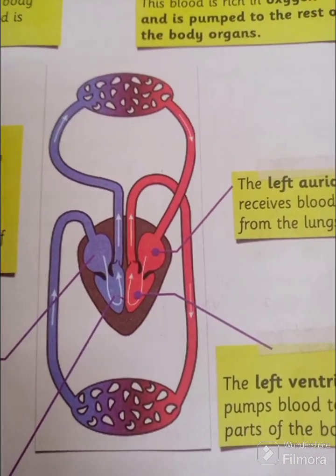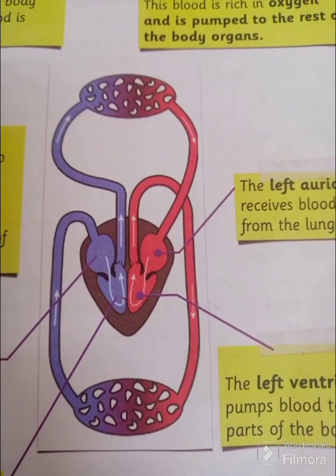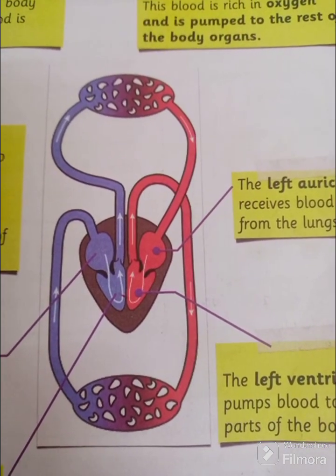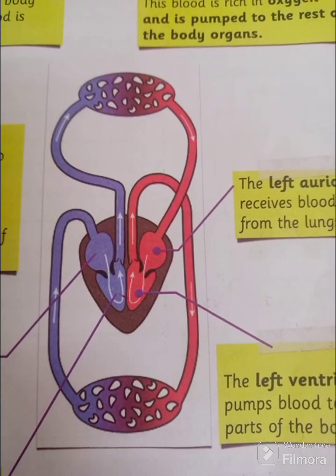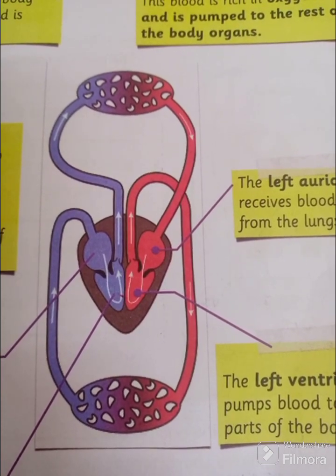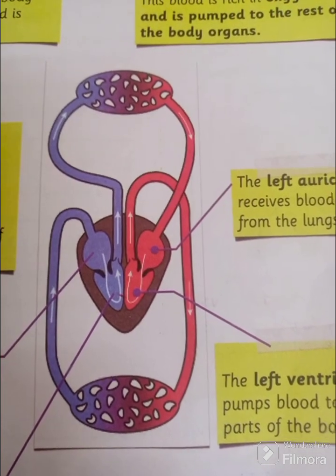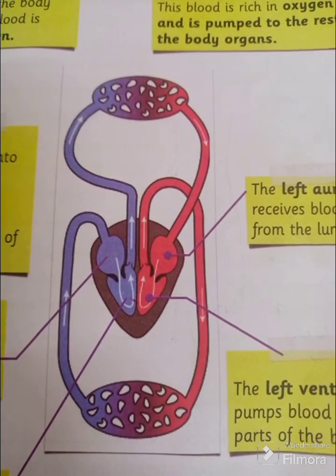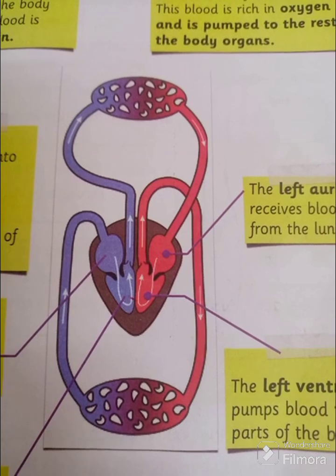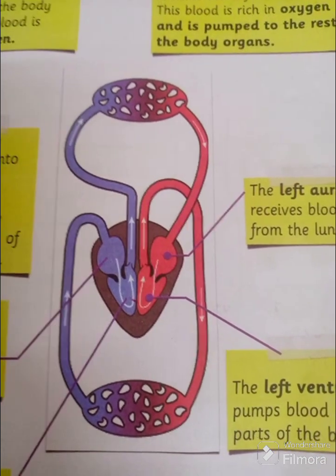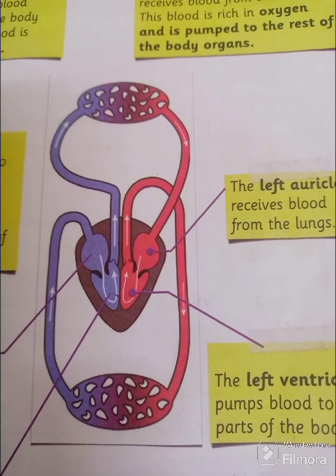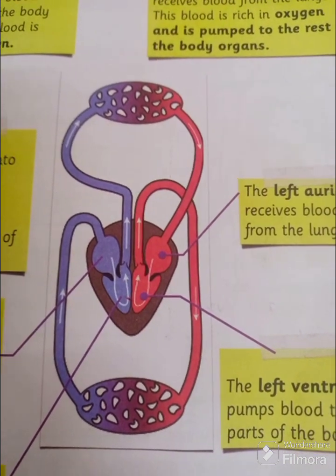Number 5, which blood vessels carry blood towards the heart? Are they arteries or are they veins? Number 6, which blood vessels carry blood away from the heart? Are they arteries or are they veins?